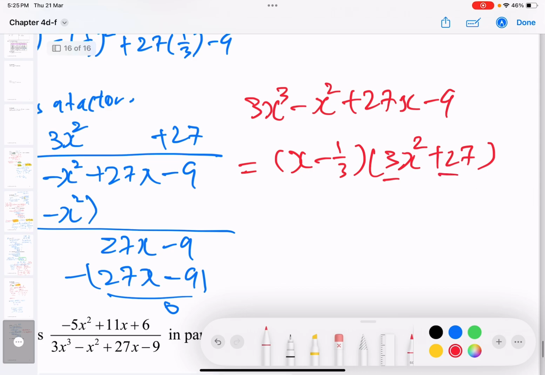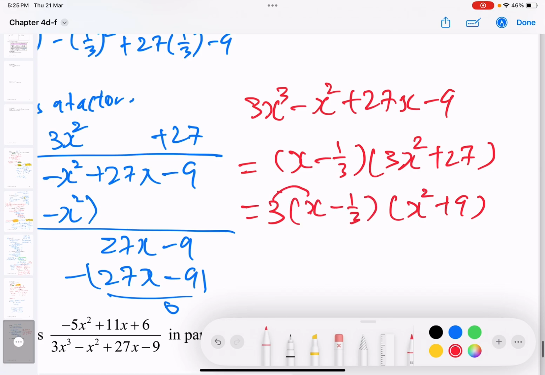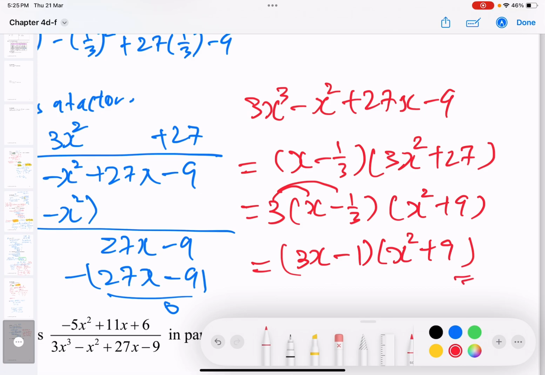Now we can see that 3 is common between these two terms, so you can factorize out 3 and get x squared plus 9. Multiplying the 3 into x minus 1/3, you get 3x minus 1 times x squared plus 9. This is how you factorize this completely.